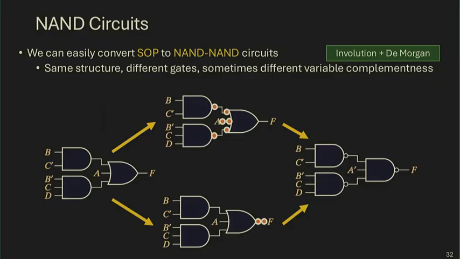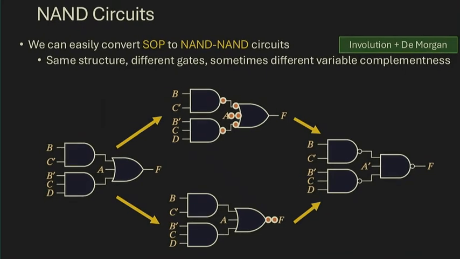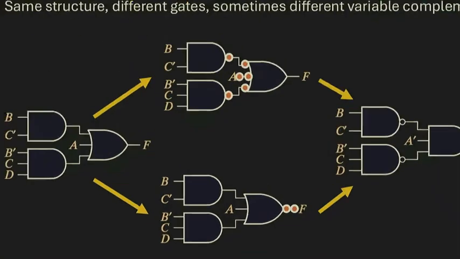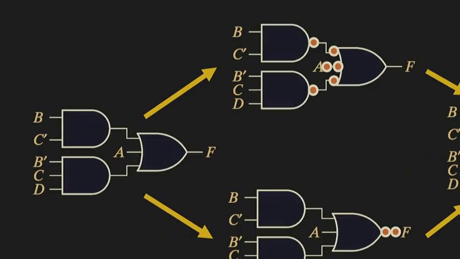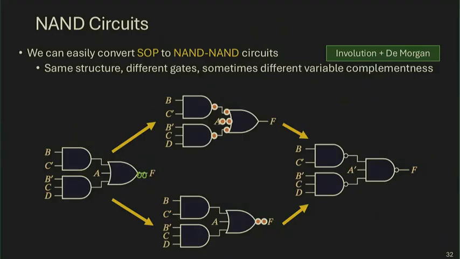The idea is a two-level sum of products can be represented by two levels of NAND. It just works. But I have to be careful with a few things. To approach this proof, you can think of this as a Boolean algebra, or you can pictorially think of it as a bunch of bubble pushing. What I'm going to do is put, let's say, two bubbles at the output, like it's shown at the bottom.